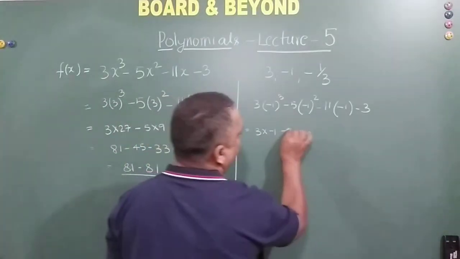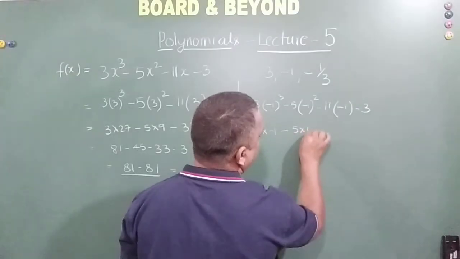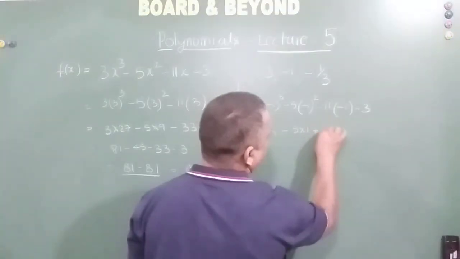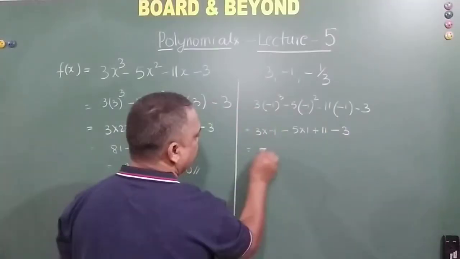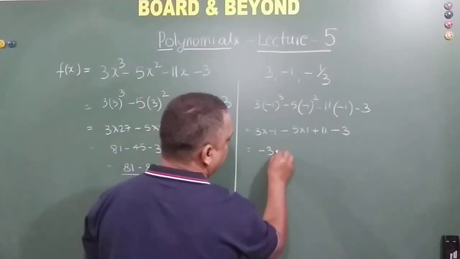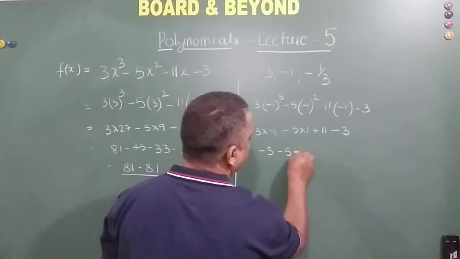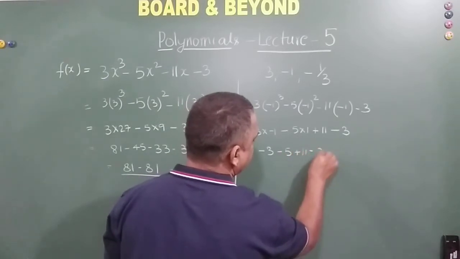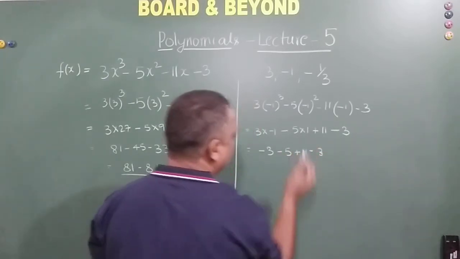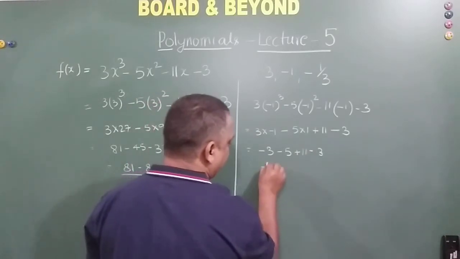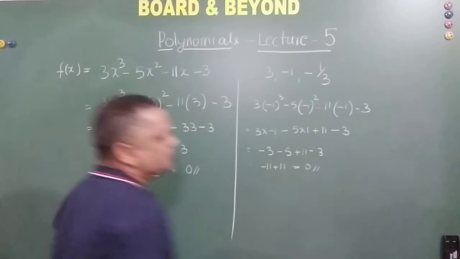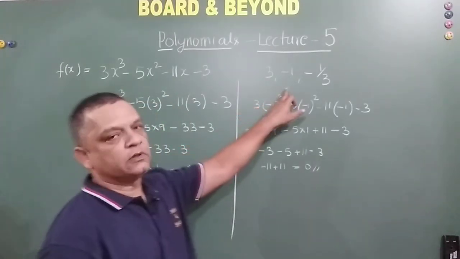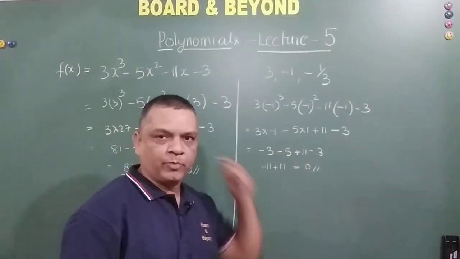Right? Minus 5 into 1, minus, this becomes 11, minus into minus is plus, minus 3. So this is minus 3 minus 5 plus 11 minus 3. If we add all the negative terms, it is equal to minus 11 plus 11, which is equal to 0. So we have verified that -1 is also one of the roots of this cubic polynomial.